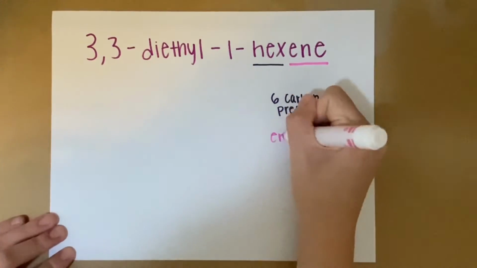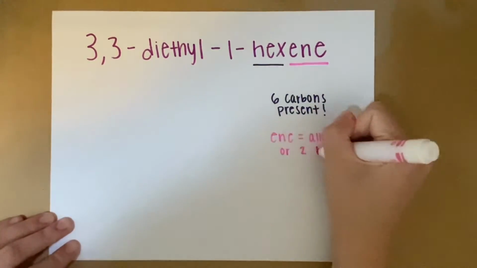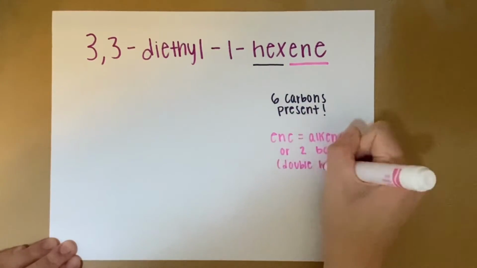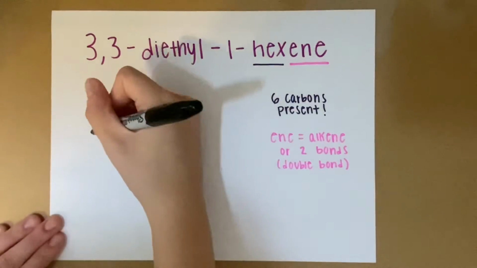Now we can take away that from the ene in hexene, we have an alkene, or a double bond. So this means that we need a double bond on our molecule. When we draw the 6 carbons in a line structure, it looks something like this.